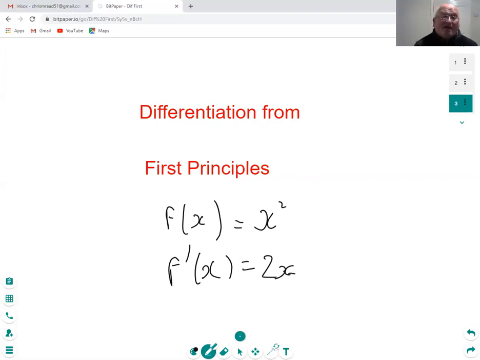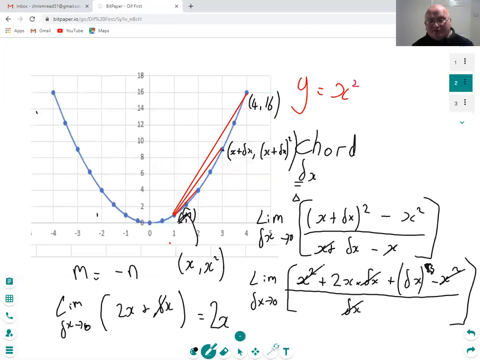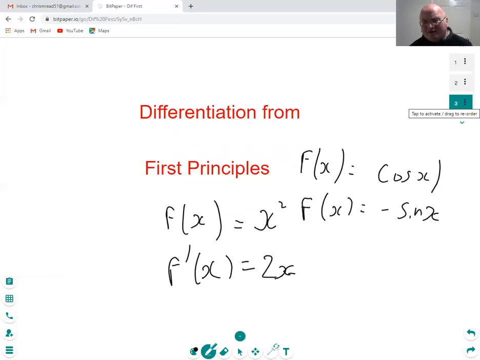Now, every function, for example f of x equals cosine x, has its own gradient function. I sometimes get this the wrong way around, so let's just check. I believe that is minus sine x. I could have done the first principles approach with all of these, but the calculation works out differently when you start to work with cosines and sines, and I'd have to do a little more A-level playing around with you to show that.